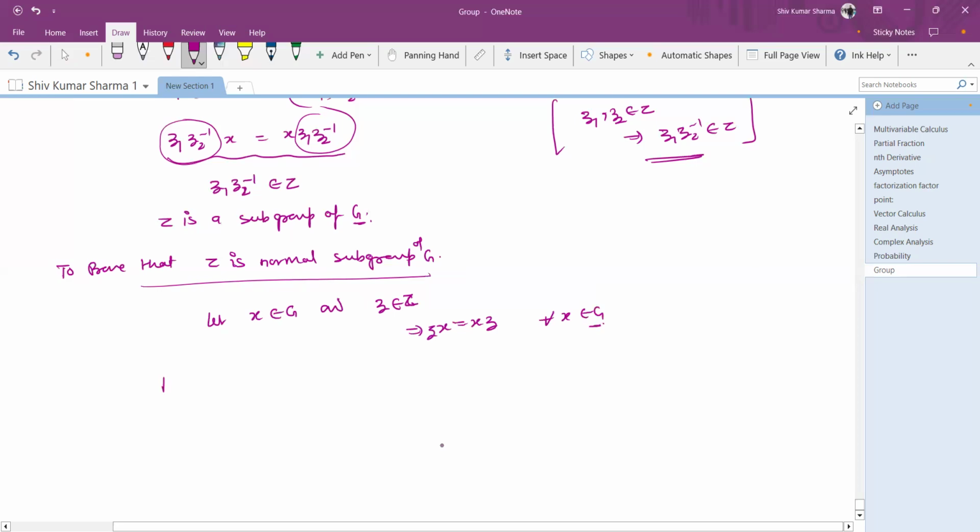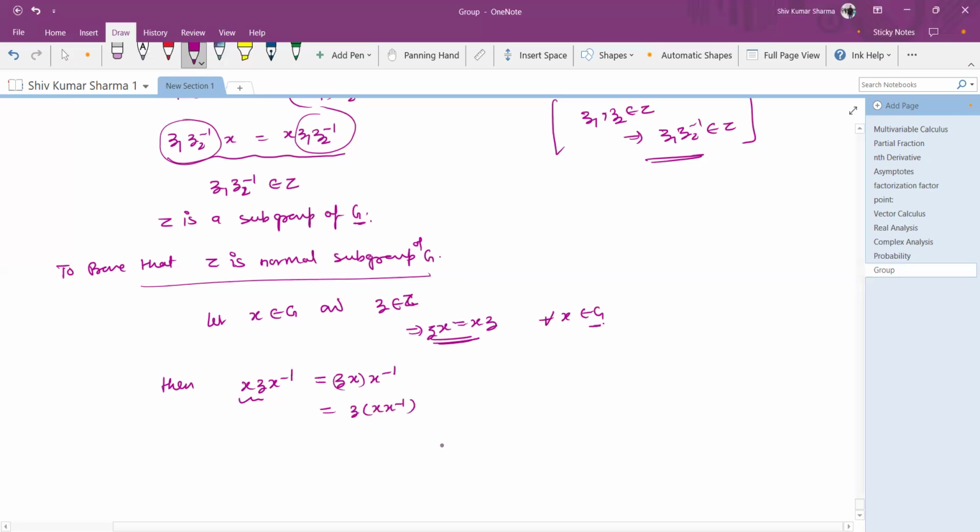Then we take xzx inverse. This xz can be written as zx, so we have zx into x inverse.